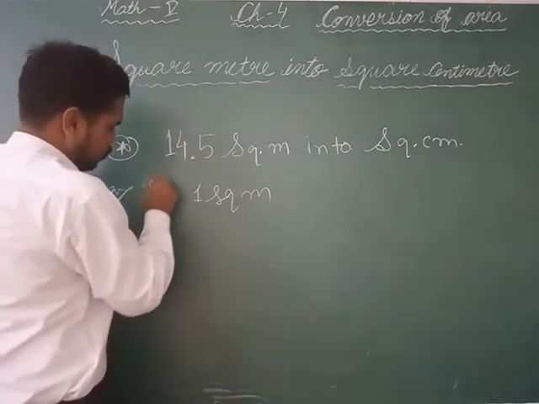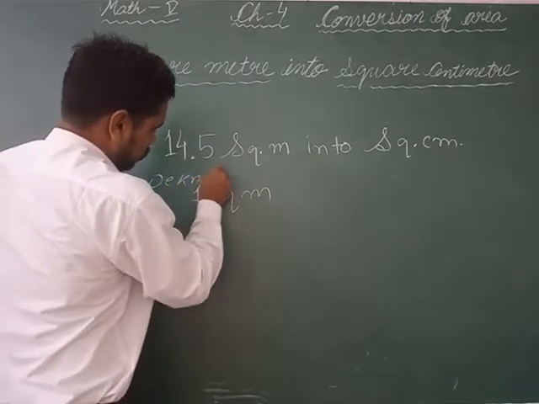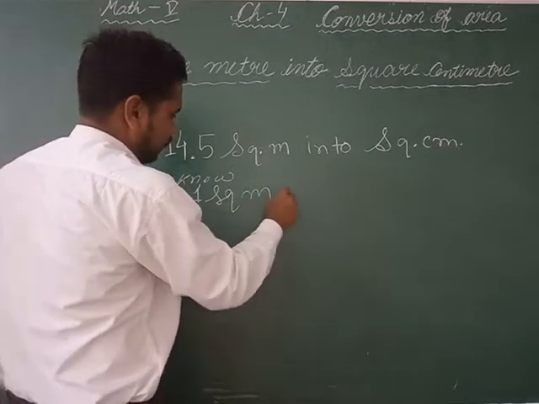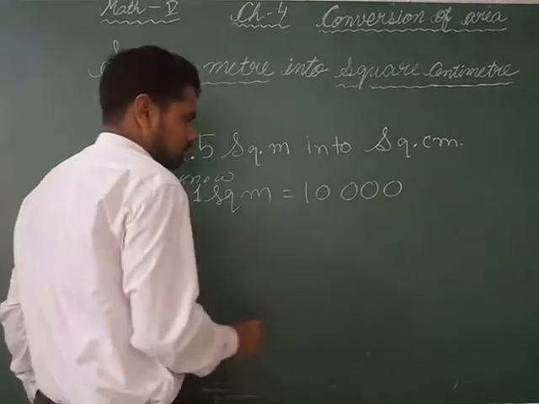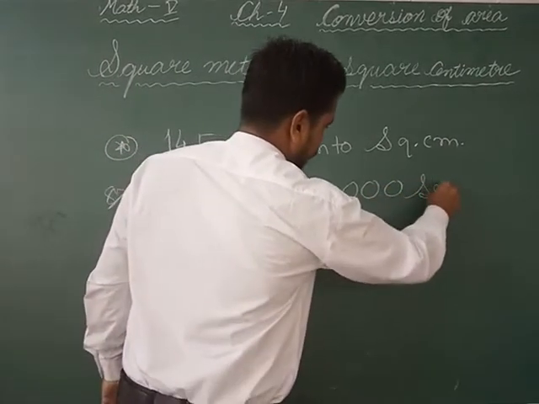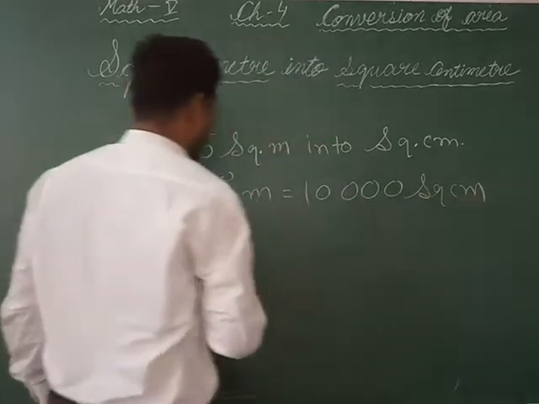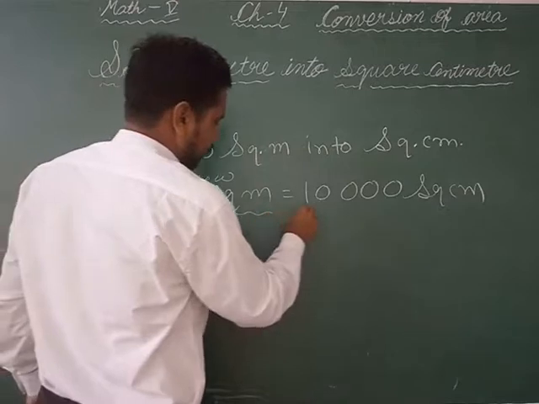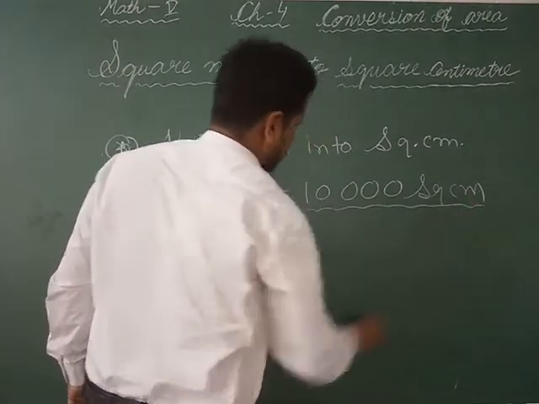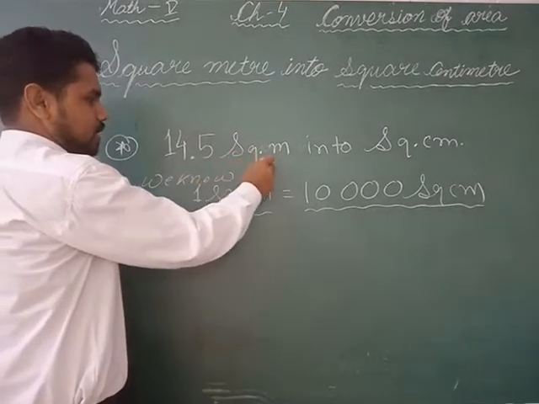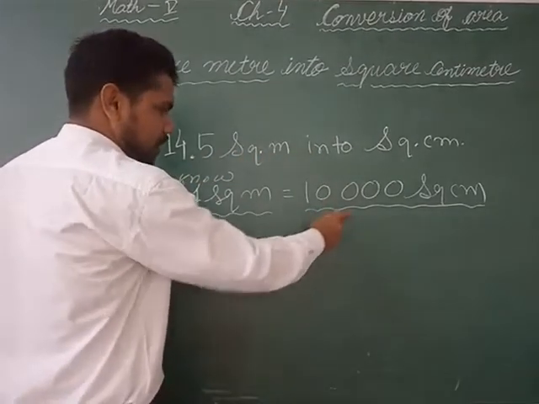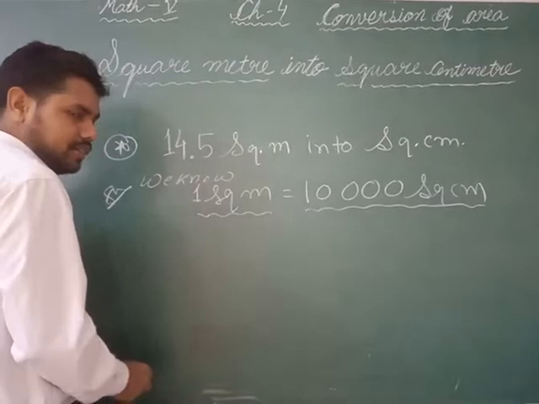We know 1 square meter is equal to 10,000 square centimeter. So if 1 square meter is equal to 10,000 square centimeter, then 14.5 square meter will be 14.5 into 10,000 square centimeter, right?